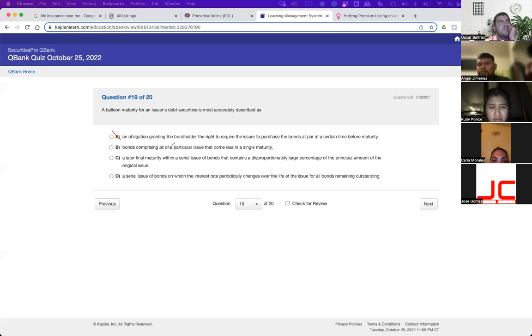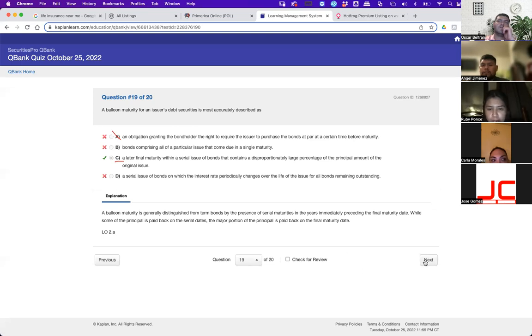B, bonds comprising all of a particular issue that come due in a single maturity. Hmm. For this question, I'm looking for something with serial and term in the wording. So it's not B. Let's say C. C sounds okay. A serial issue of bonds on which the interest rate periodically changes over time with the issue. Let's say C. There it is.